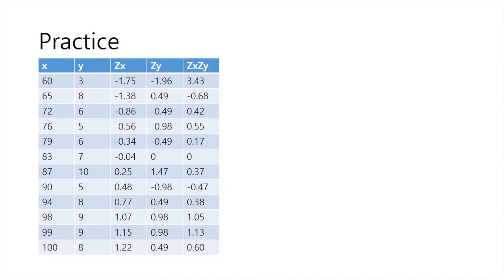Since n is 12, degrees of freedom will be 10, and using alpha as 0.05, we'll have to draw a graph which looks like this and points out 0.576. This is the R that you can get from our table using degrees of freedom of 10 and alpha of 0.05.